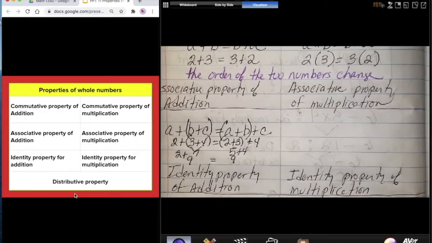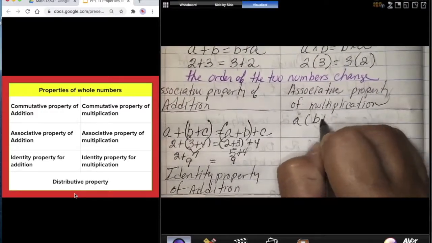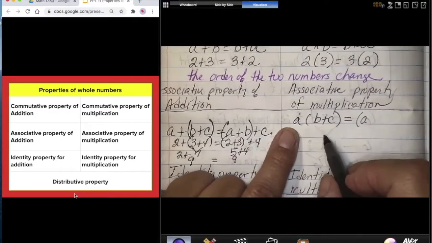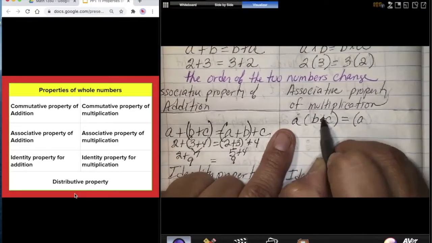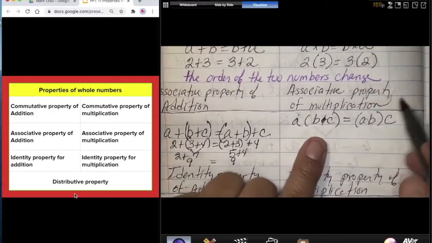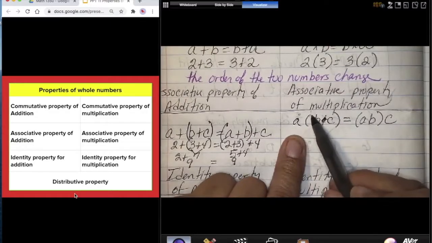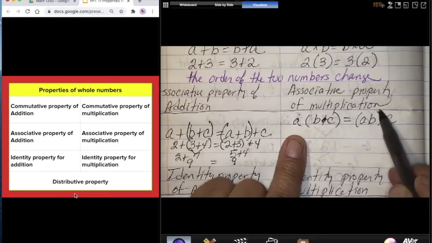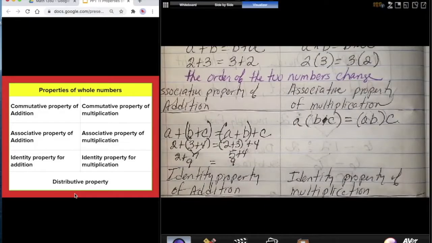Same thing for multiplication. So let's go back and rewrite that. That's A times B times C, or A times B times C. In the associative property of multiplication, it's A parentheses B times C is equal to A times B in parentheses times C. So we are multiplying the 3 numbers.